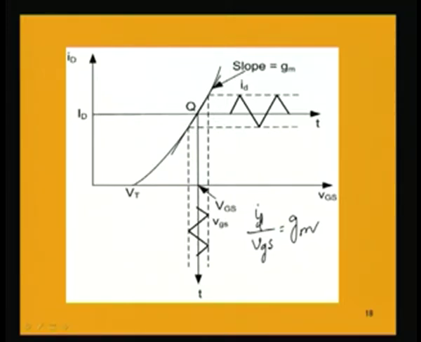So, from the current equation ID equal to K into (VGS minus VT) whole square, we can find out some points and join these points to get the transfer characteristic curve.